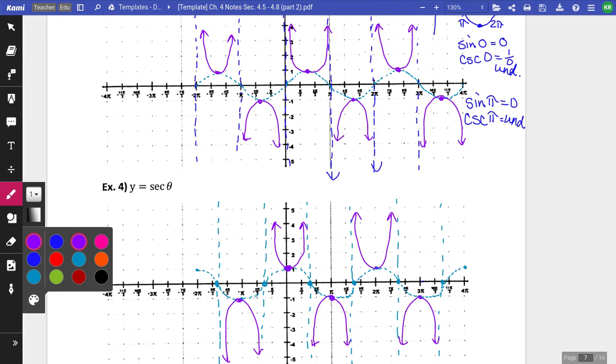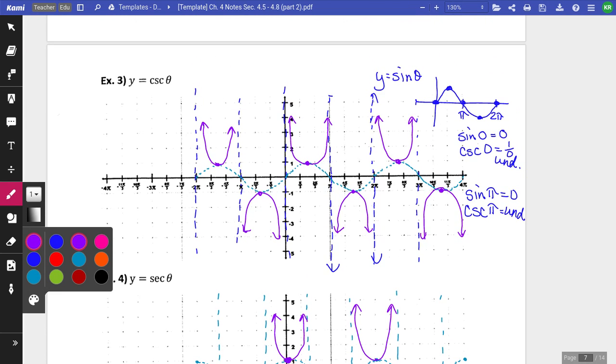Now we can write out, for example, y equals a cosecant of b times theta minus c, plus d. Again, the same thing happens. Your period for your cosecant is 2 pi divided by b. C is your horizontal shift.